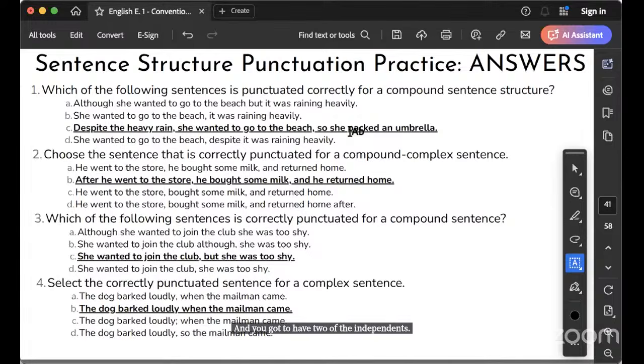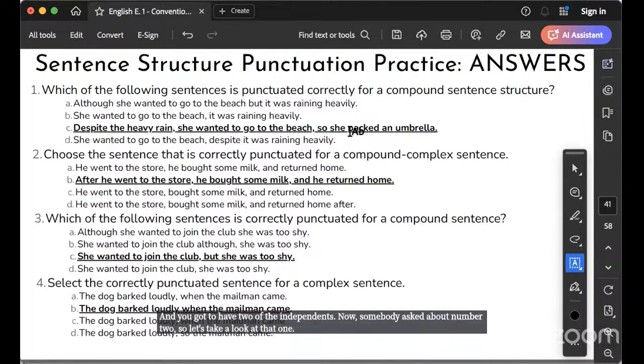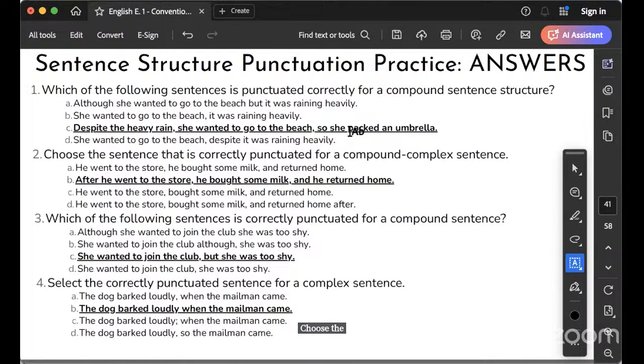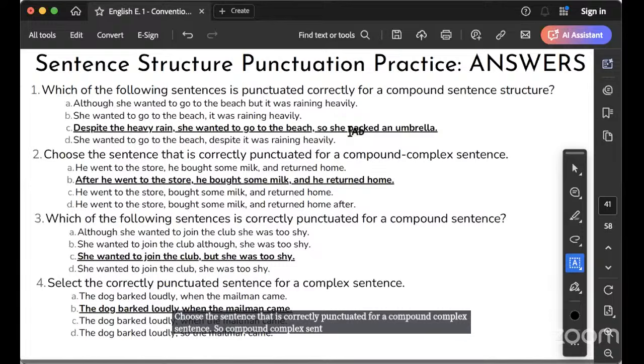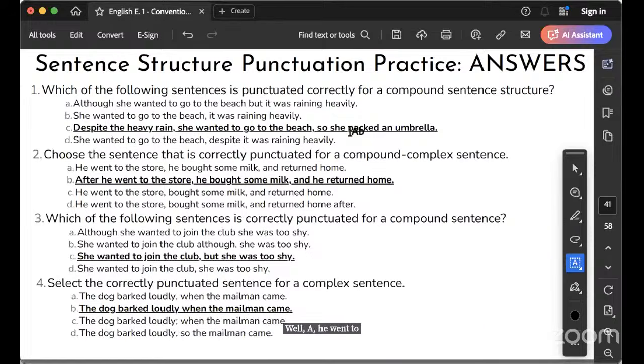Now, somebody asked about number 2, so let's take a look at that one. Choose the sentence that is correctly punctuated for a compound-complex sentence. So compound-complex sentence means you're going to have two independent clauses and at least one dependent clause. Well, A: he went to the store, independent clause. He bought some milk, independent clause.